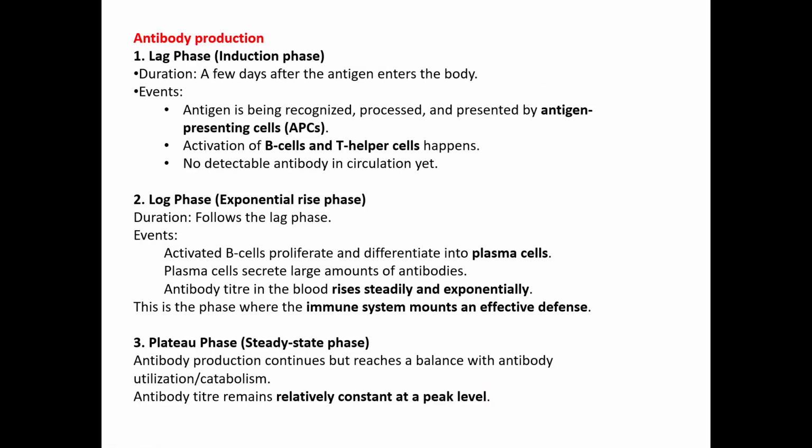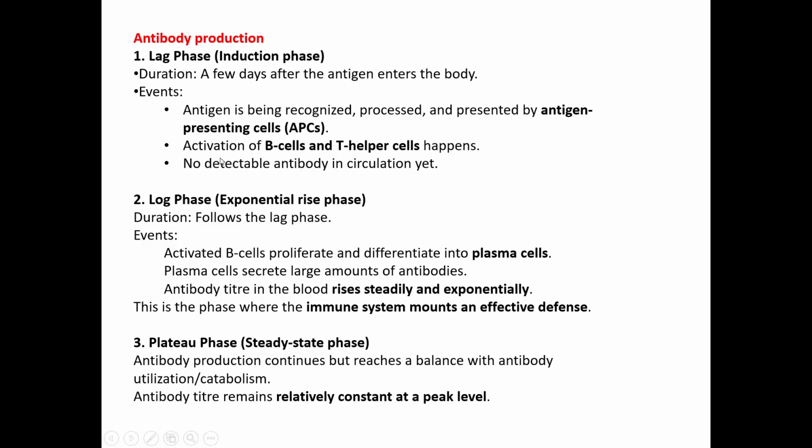So the lag phase is within the few days of entry of an antigen into the body. What happens at this time is the antigen is being recognized and then it will be processed and then presented by the APC cells, that is the antigen presenting cells.